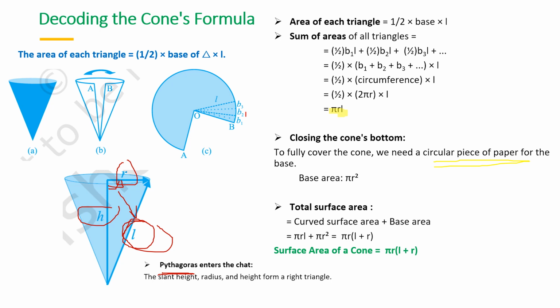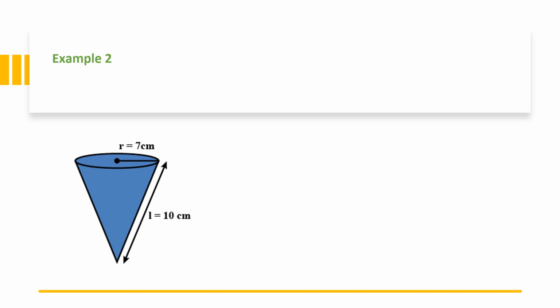It means l square is equal to h square plus r square. And you can always solve it: l is equal to the square root of r square plus h square. Now it's very clear. Now let's do some exercises, numerical problems to understand it.